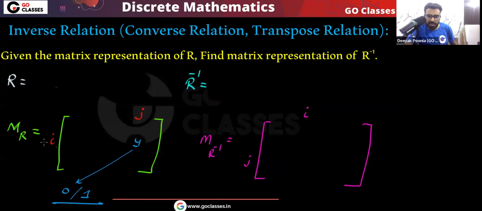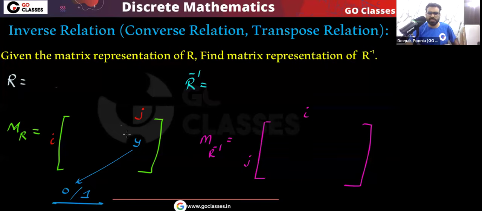Similarly, if the ordered pair (i, j) does not belong to R, then this entry will be 0. So if (i, j) does not belong to R, then (j, i) will not belong to R inverse. So this cell (j, i) in the matrix representation of R inverse will be 0.